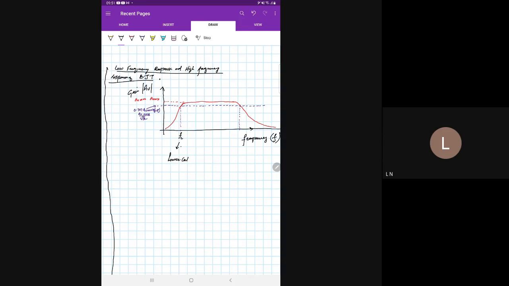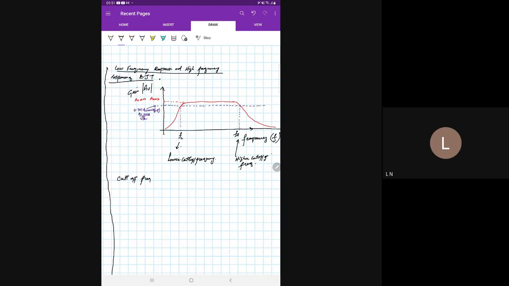This is FH, which is nothing but the higher cutoff frequency.